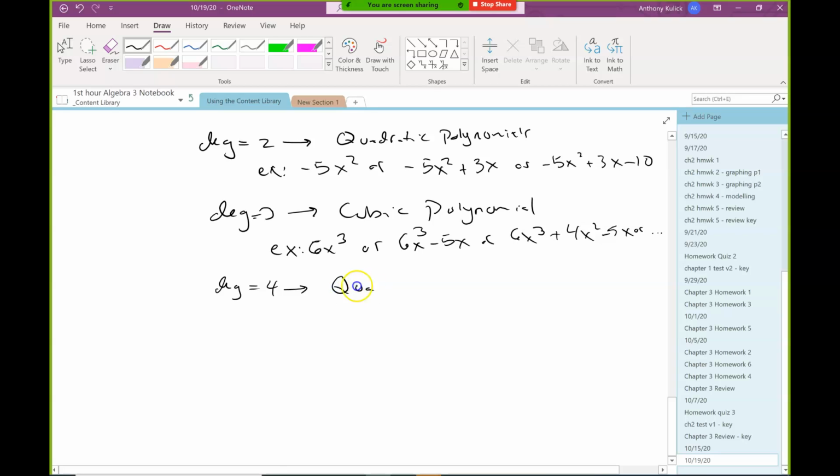Degree 4s are called quartic polynomials. So like 10x to the 4th, or 10x to the 4th minus 7x cubed plus 6.